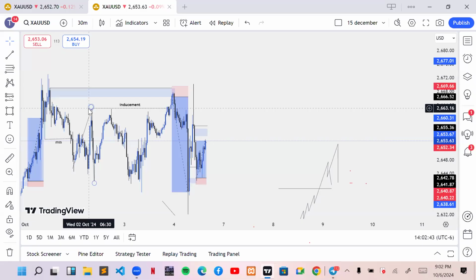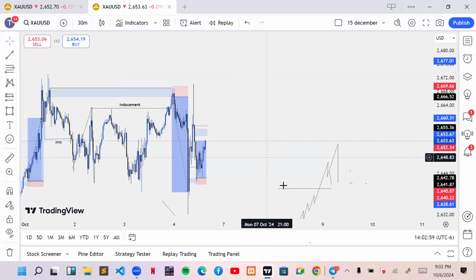It broke structure too, so this was the shift in market structure. After that, market made this pullback here that now took market down to the zone it broke structure to. That is why I marked this one as my inducement. You can as well mark this one, it won't matter, but I picked the first one. I always pick the first one.